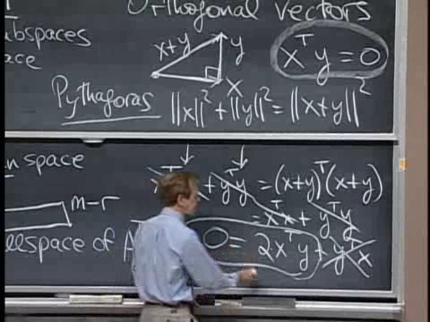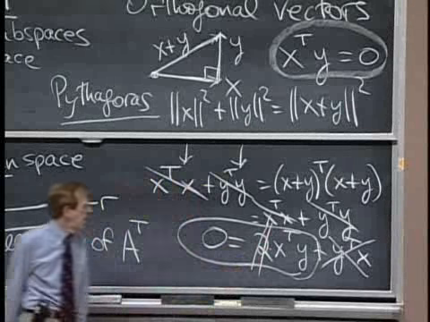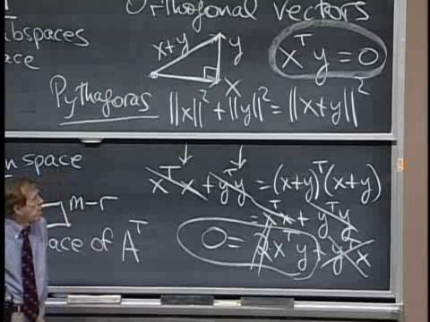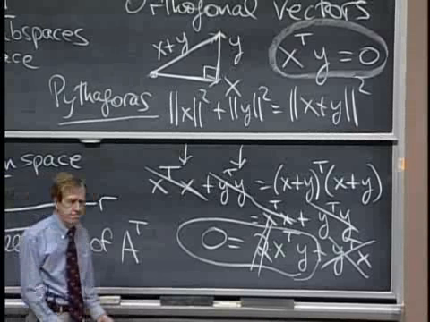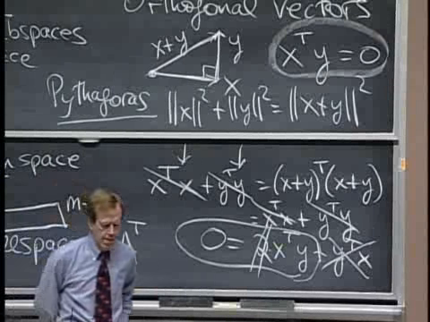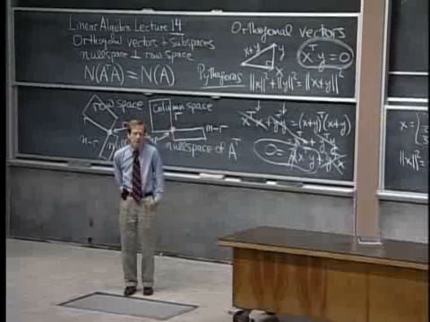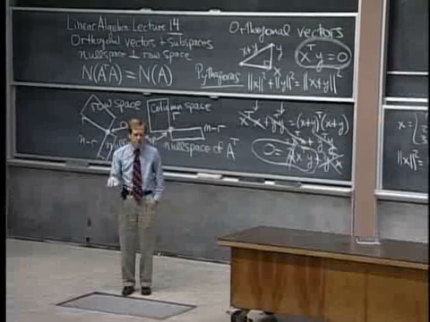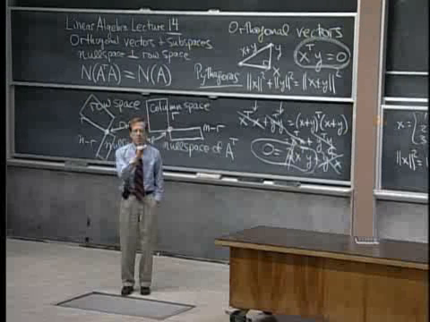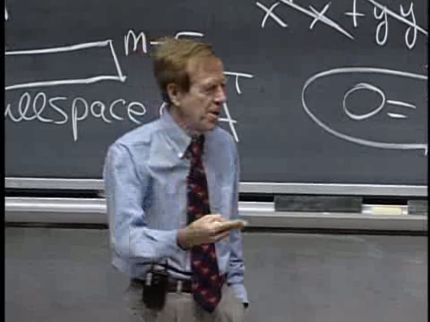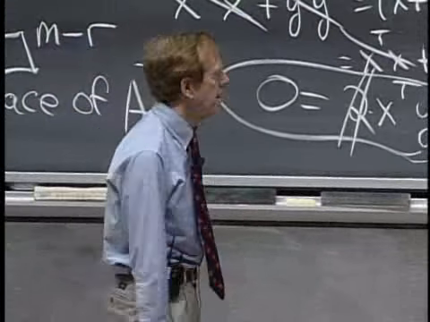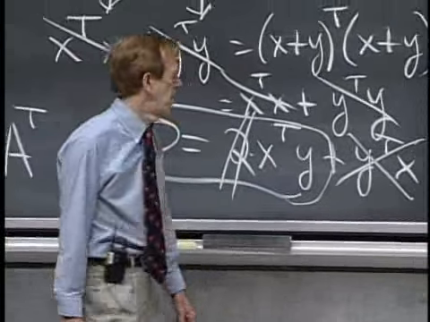Of course, I cancel the 2 now, no problem, to x transpose y equals 0 as the test. Fair enough. Okay. You knew it was coming. The dot product of orthogonal vectors is 0. I just want to say, that's really neat. It comes out so well. All right.